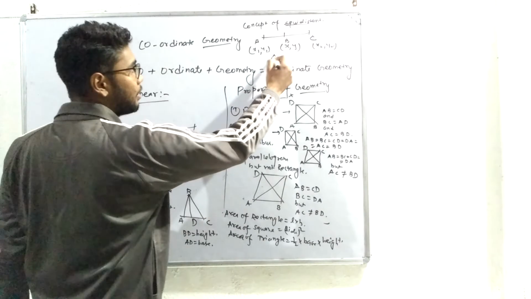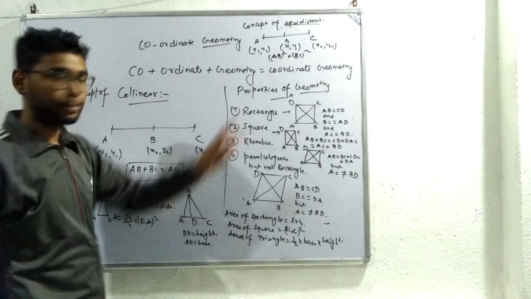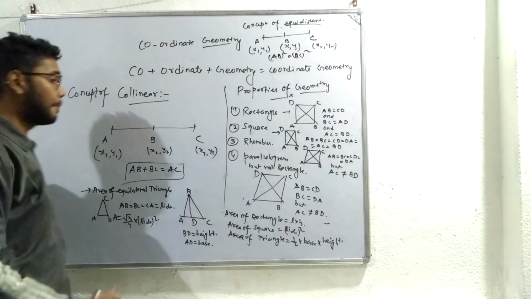Here use the concept AB square is equal to BC square. First of all determine the distance between AB and the distance between BC.